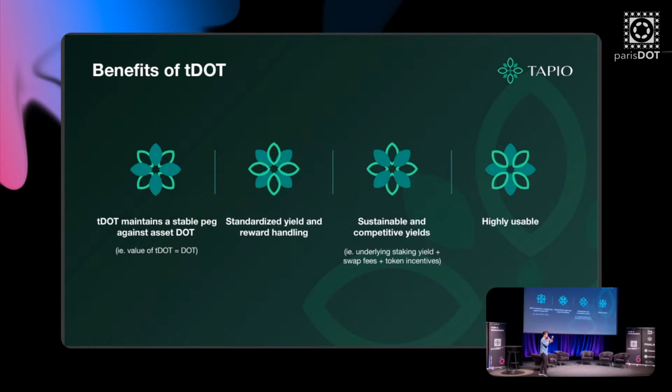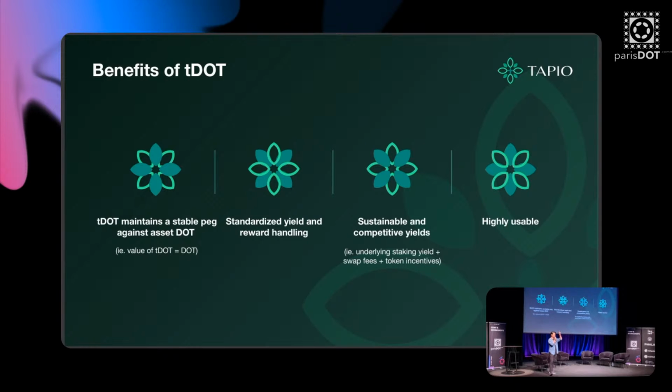What that means is T-DOT currently is made up of 3 different sources of yield. The first one is from the underlying LDOT yield. Right now, if you have LDOT staked, that's around 19%. So what happens is T-DOT accumulates a portion, roughly 60% of that 19%. So that's the first source of yield. The second source of yield is from the swap fees collected via the synthetic asset pool.